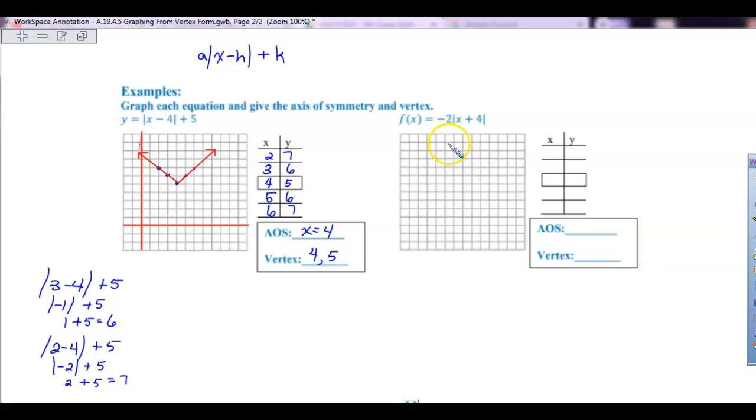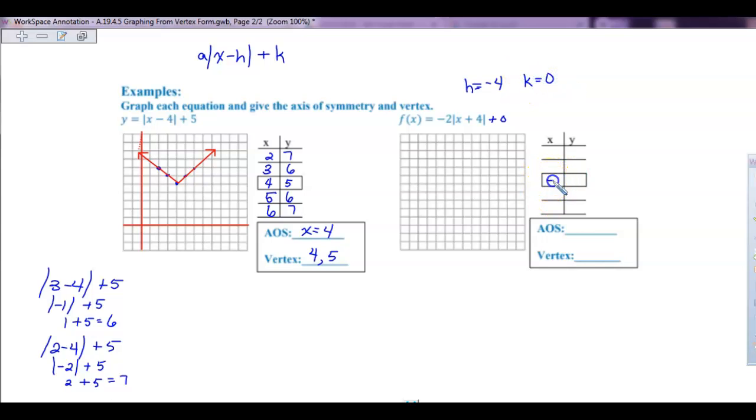So if I take a look at this one, and I want to know what my vertex is, I have a -2 times the absolute value of x plus 4, and then I don't have anything, but I know I can say plus 0. So because it is minus h to get h, that means that my h has to be -4 for this to work, and my k is going to be 0.